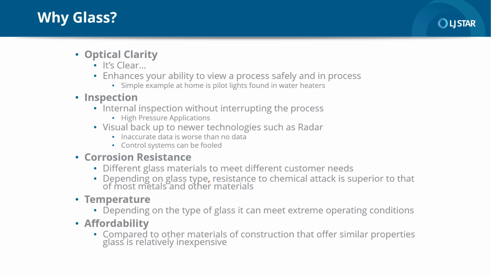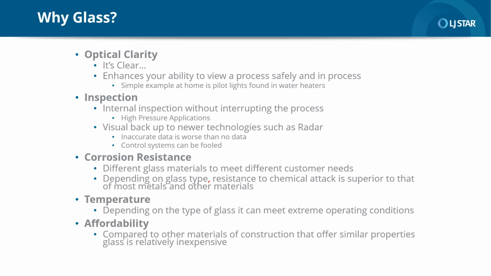You would look underneath the hot water heater and you'd see a small clear glass or plastic covering that allows you to see in underneath the unit and verify whether or not the pilot light is lit. That is probably one of the easiest examples I can give you of why you want optical clarity, to be able to see but separate you away from what that process might be.